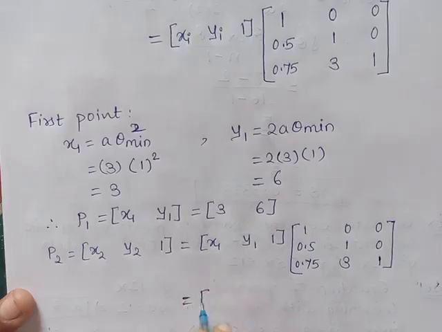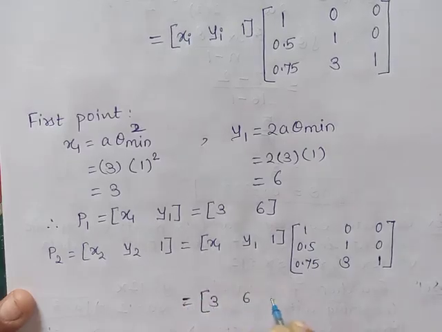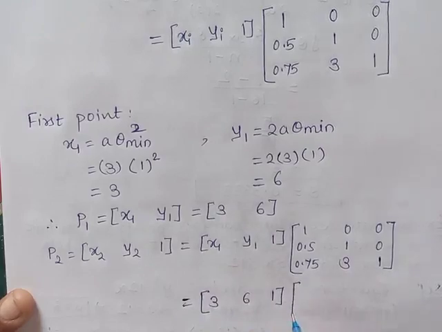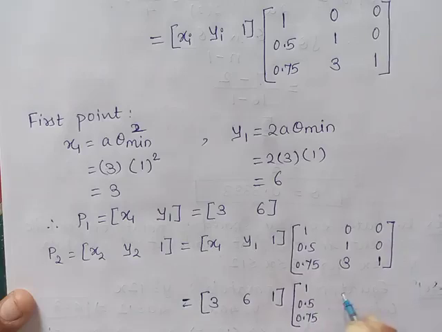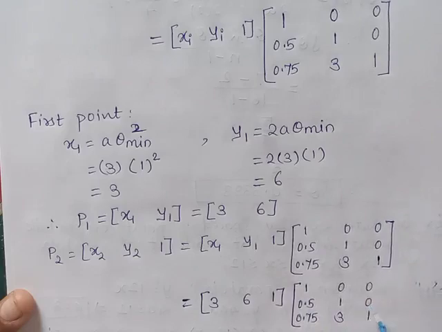So it is [3, 6, 1] into [1, 0.5, 0.75; 0, 1, 3; 0, 0, 1].